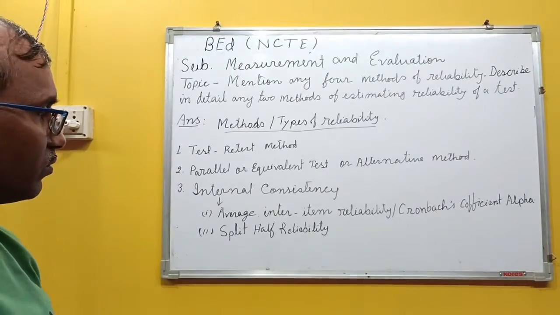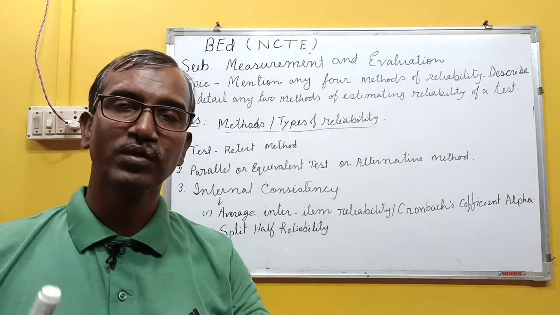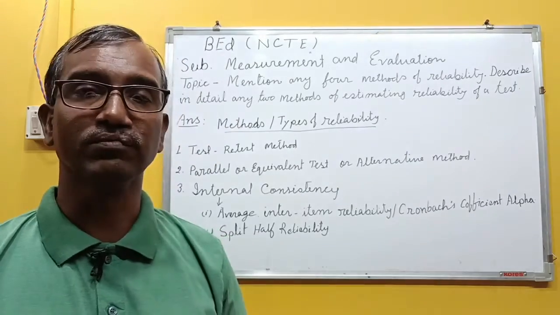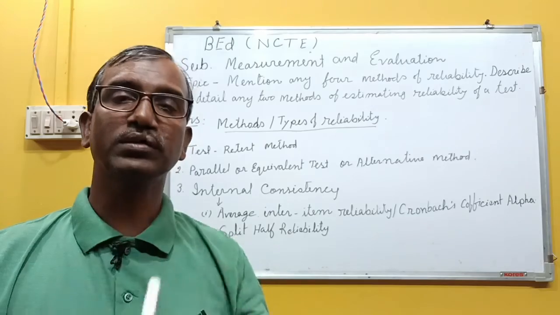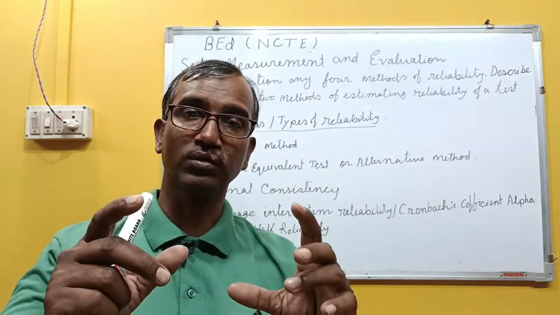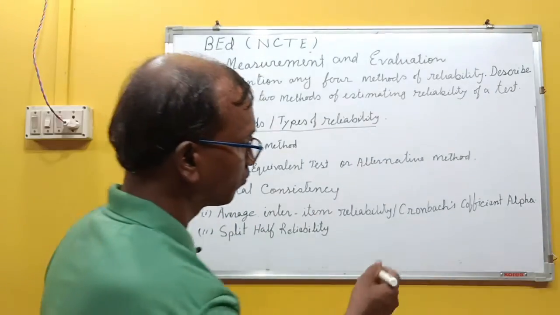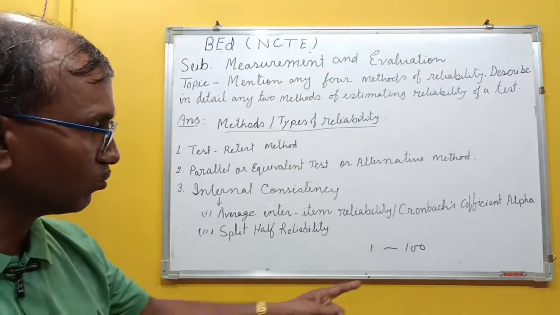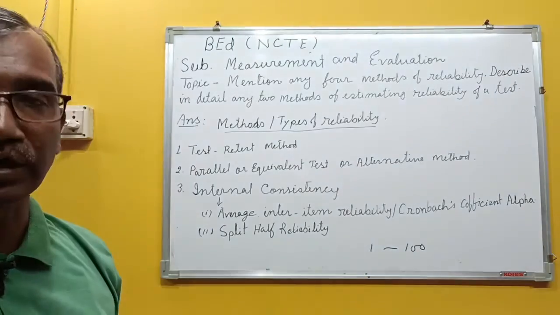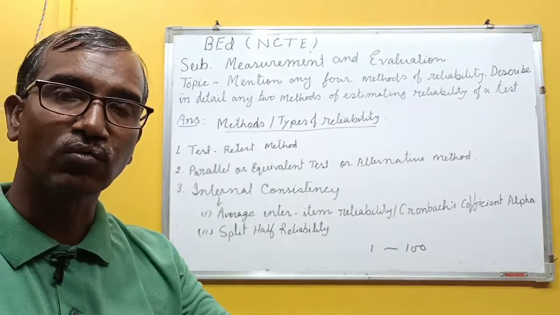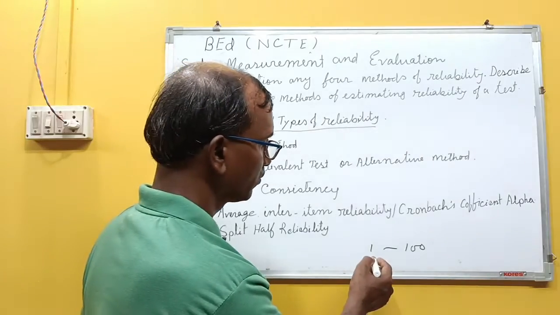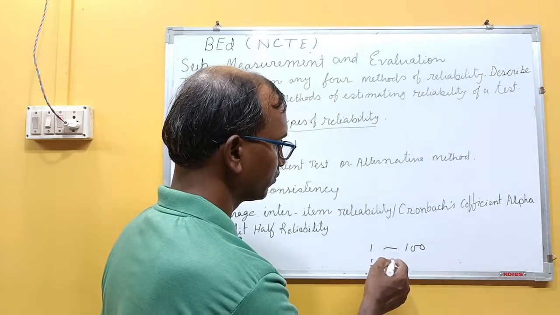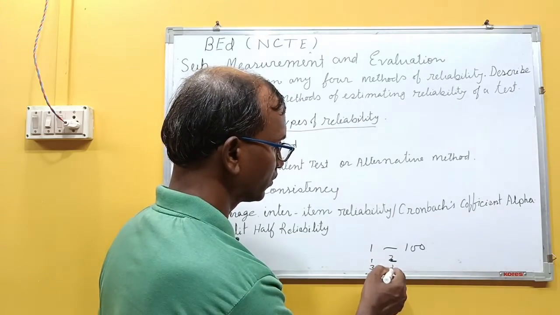Split half method of reliability: if a test includes 100 question items, suppose an intelligence test includes 100 items, 1 to 100. Now we may divide all the 100 items in an odd and even way. Suppose question item 1, question item 3, and again question item 2, then question item 4.